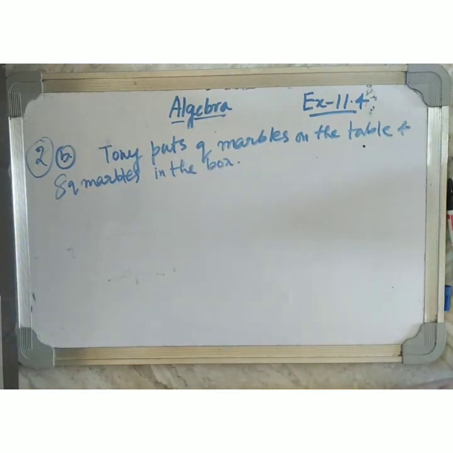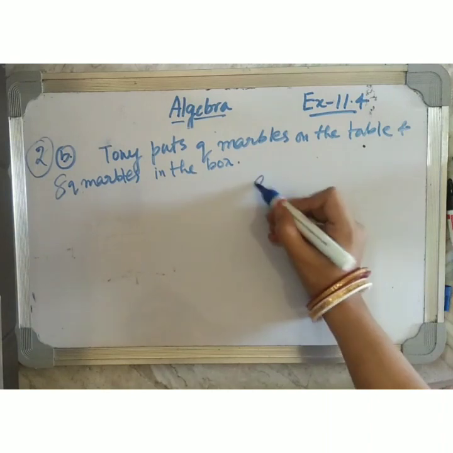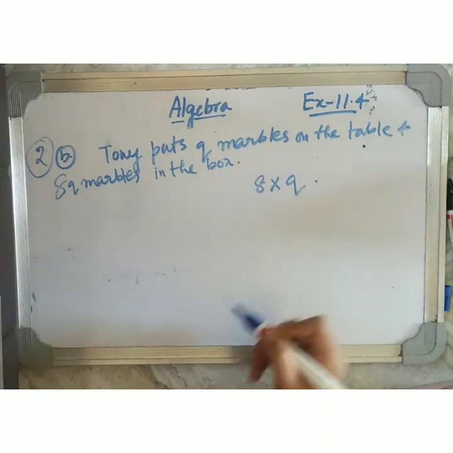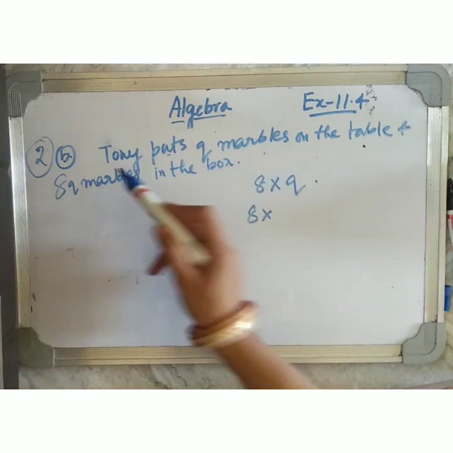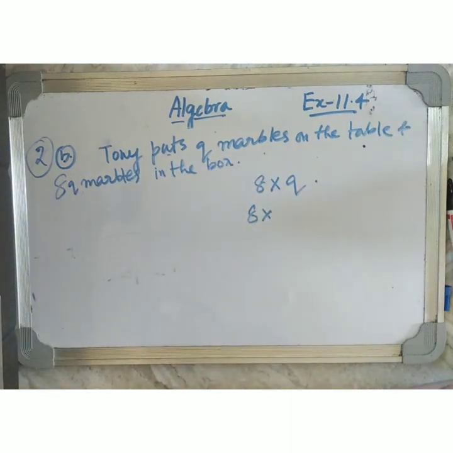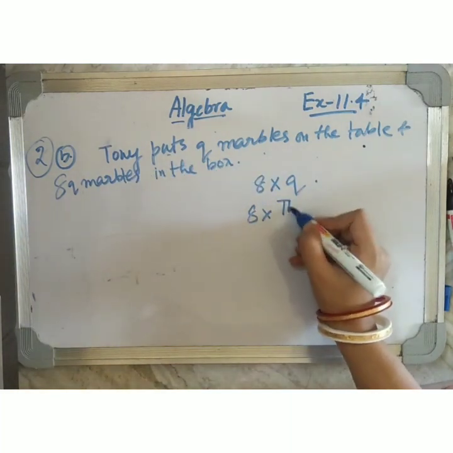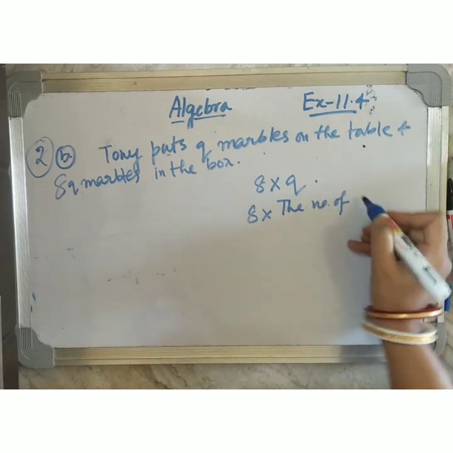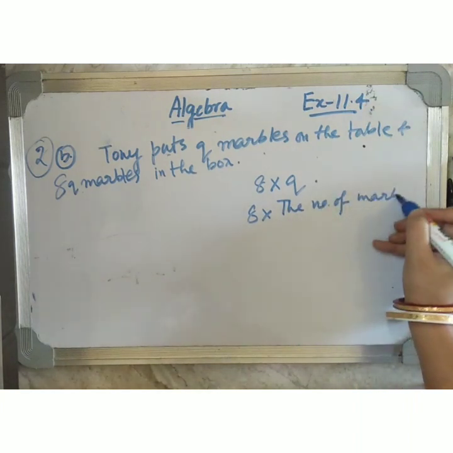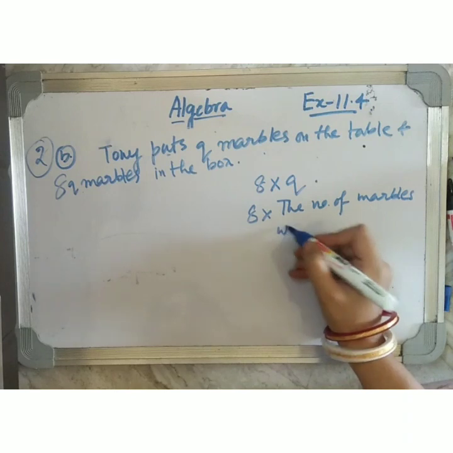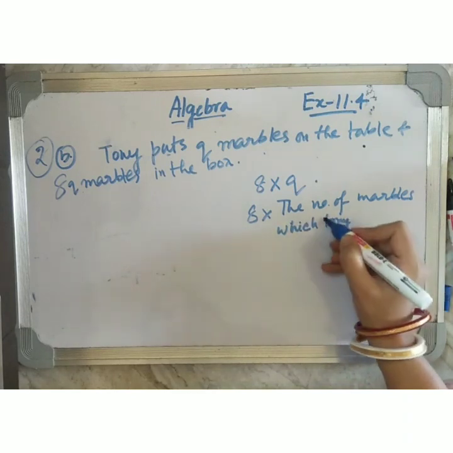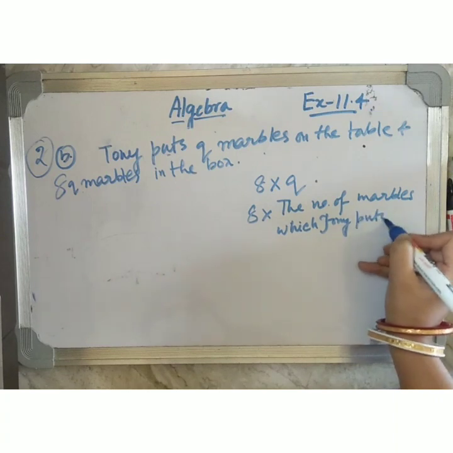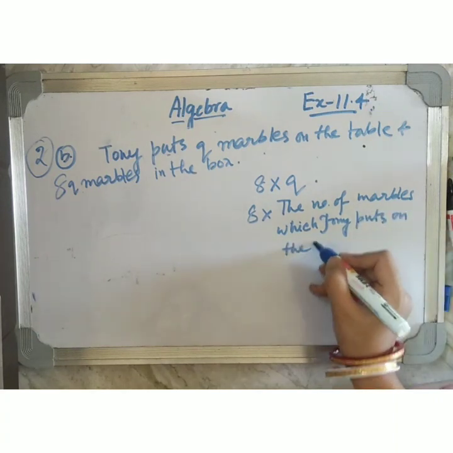So how can we write it? Now 8 Q marbles means 8 into Q, means 8 into the number of marbles which was put on the table. So we will write the number of marbles which Tony puts on the table. Am I clear?